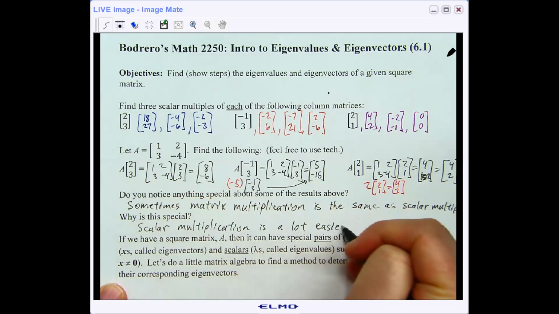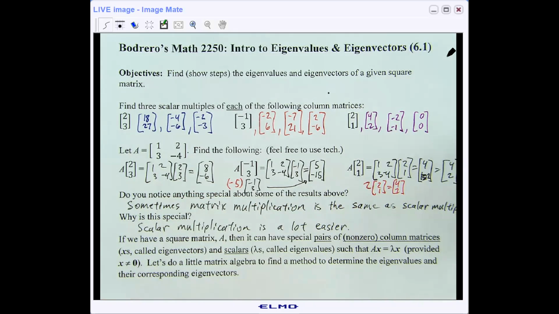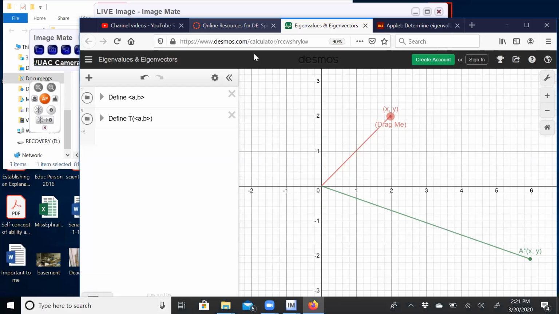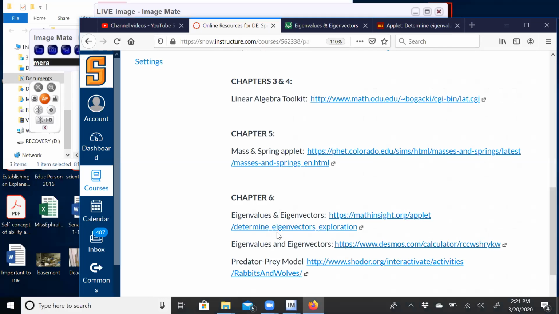Now, I want to switch over to an applet. If we go to our online resources page, there are a couple of links for eigenvalues and eigenvectors.